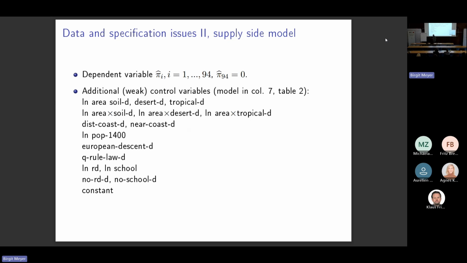They use area, desert, tropical dummies, interactions of that, no cost, near cost, population at 14, European descent, rule of law, R&D, and schooling.